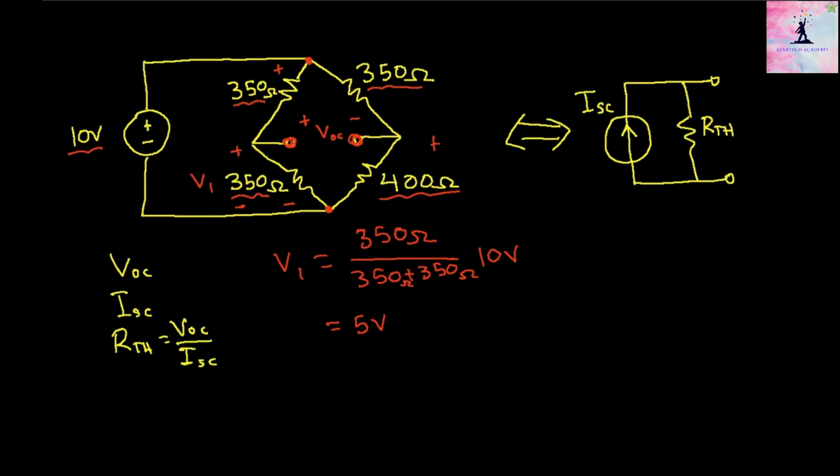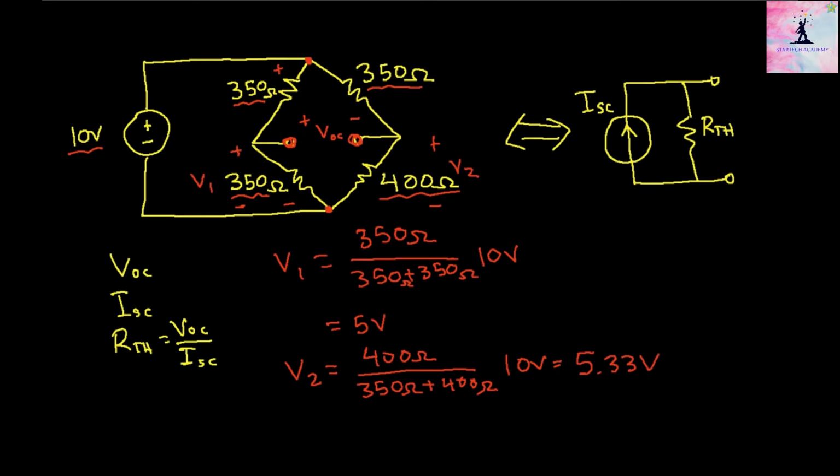So if I define this voltage here as V2, then V2 will be 400 ohms over 350 ohms plus 400 ohms times 10 volts, which I calculate to be 5.33 volts.